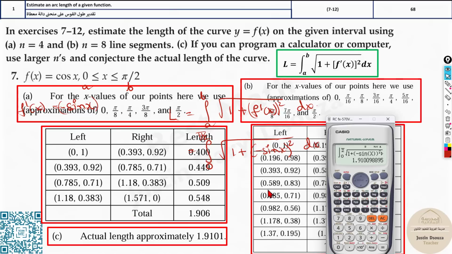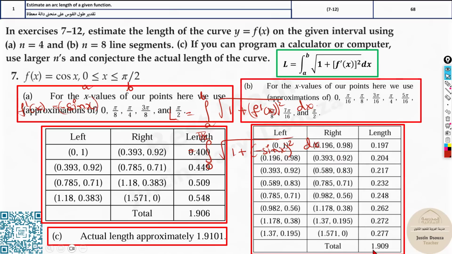Now you can see there are so many methods, intervals, midpoints and everything, right? Endpoints, sorry. Now you can just do one important thing. See, this is the actual length, that is option number C. You can do the comparison. Always the actual length will generally be more than whatever you get over here.